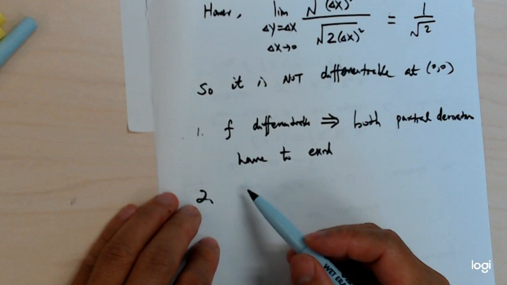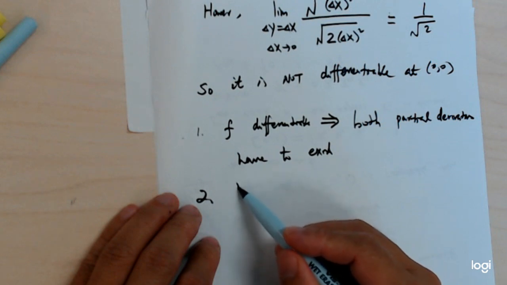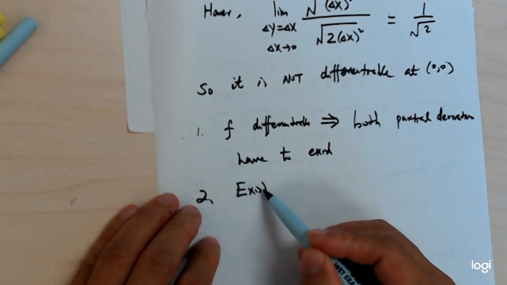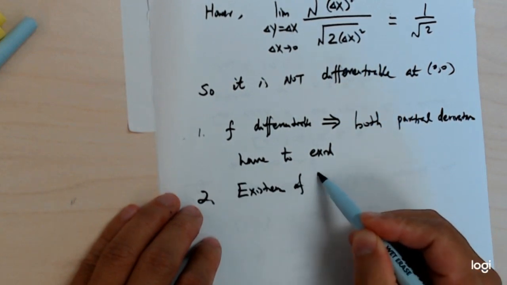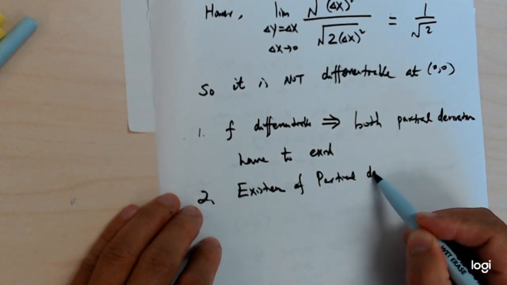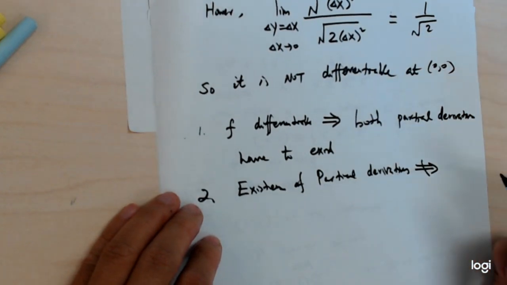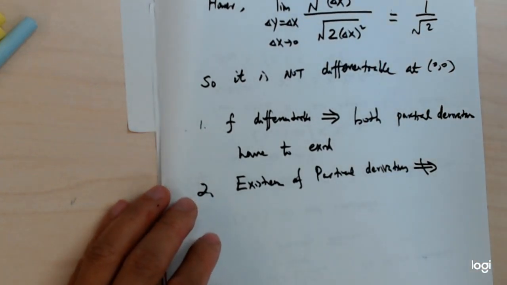But the existence of partial derivatives alone does not guarantee differentiability. So existence of partial derivatives does not imply the function is differentiable.